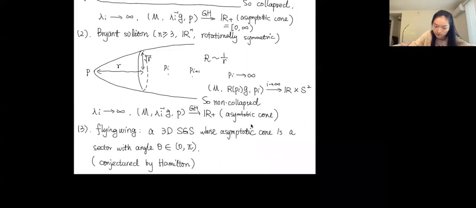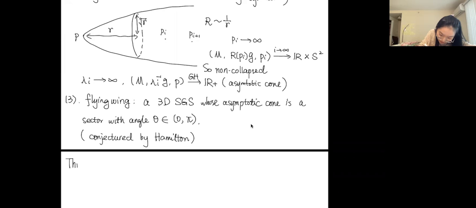And here's our first theorem. We are able to give a complete affirmative answer to this conjecture. This is a combination of work from 2020 and 2022.